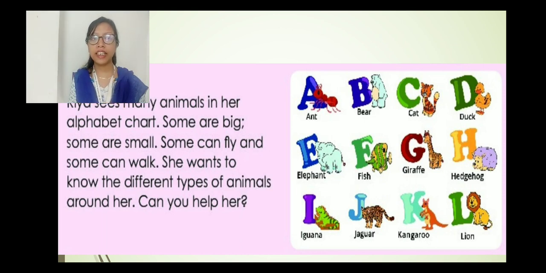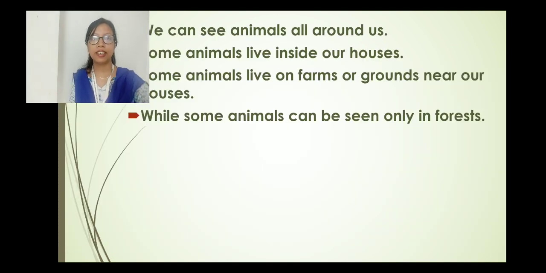Now, as you can see, here are different types of animals. Some animals are very big, some are very small, some can fly, some can swim, some walk, and their sizes are also different as well as their color. So now let us move towards the lesson.